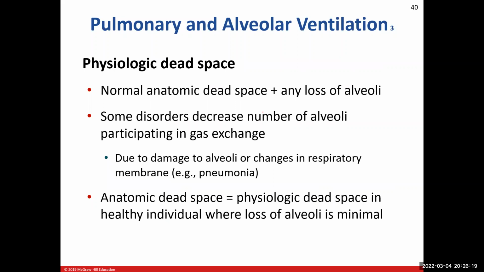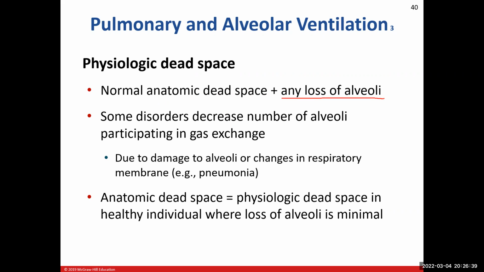All right, so our physiological dead space, right now what we're going to do is figure this out. We're going to take the normal anatomic dead space, which is about 150 milliliters, and then we are going to take any loss of alveoli that can occur for whatever reason.